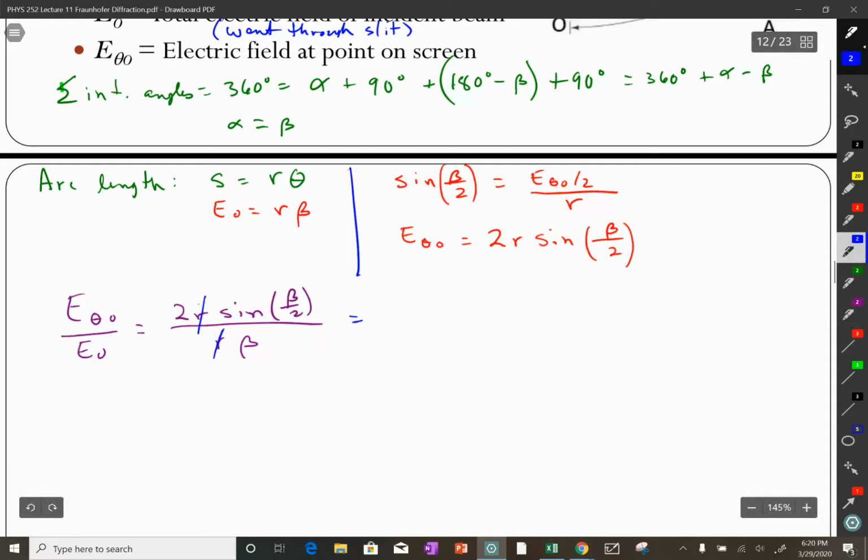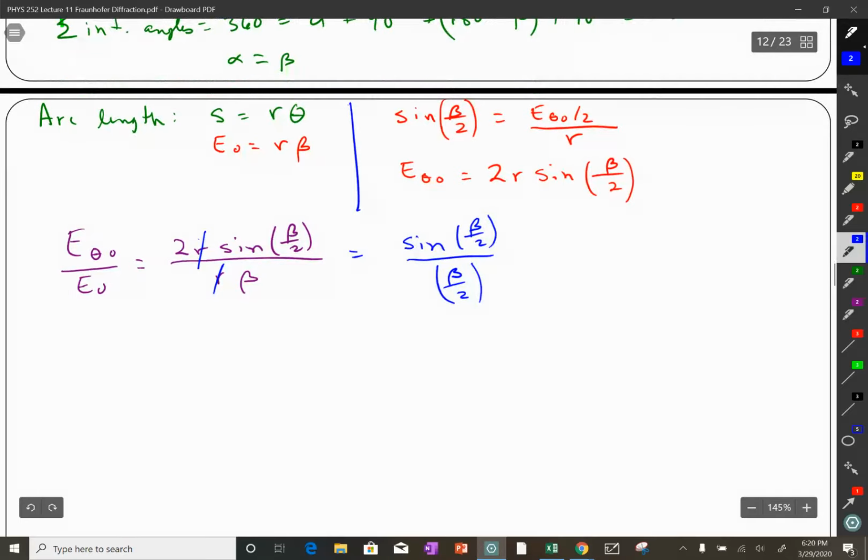We usually write this as sine of beta over 2 divided by beta over 2. So Eθ0 equals E0 times sine of beta over 2 divided by beta over 2.